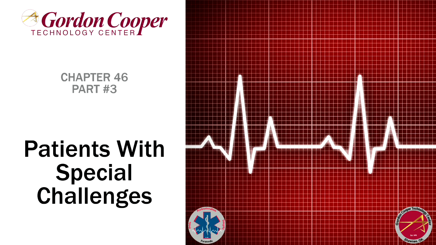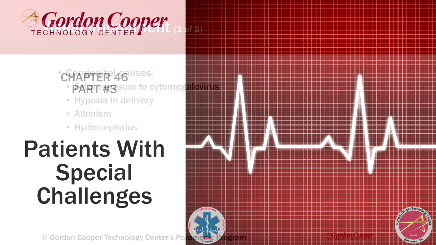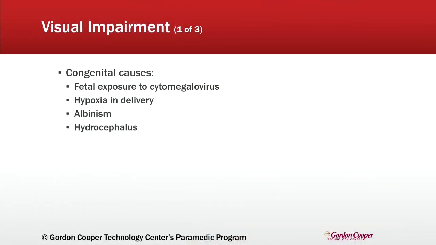Someone could seem, on the surface, very average, however have some significant disabilities that may involve hearing, speaking, intellect, those kinds of things. So these can affect anybody. We're really talking about anybody that has any one of these challenges, not just patients with special needs. We're just talking about patients with special challenges.